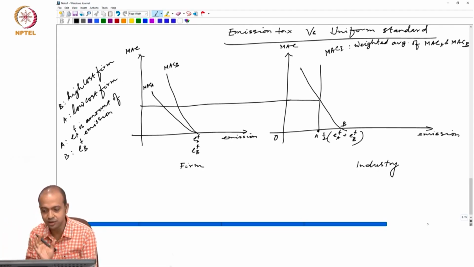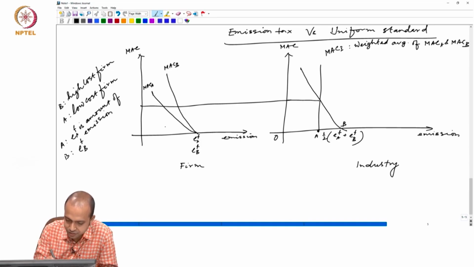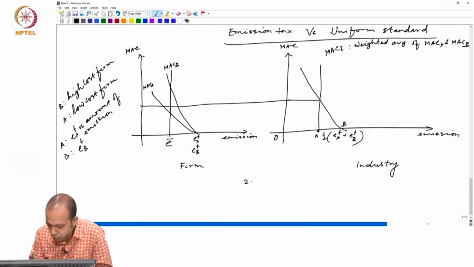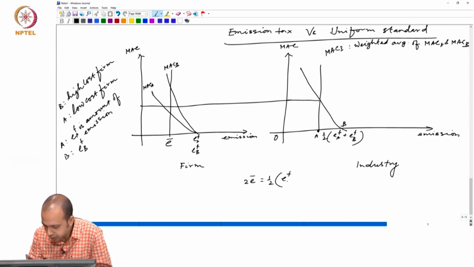the industry level. Regulator is now, let us say, imposing a uniform standard which is given by E bar. So, that means 2 times E bar equals half of EFA plus EFB.